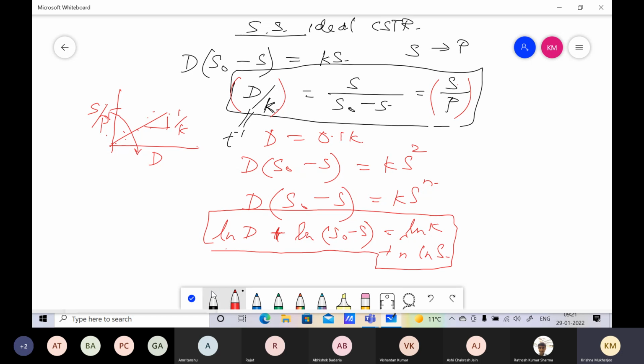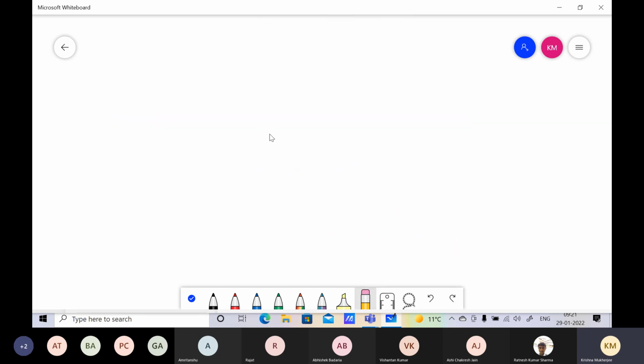Right. So the most common thing that we are interested in the ideal CSTR business is, of course, the asymptotic reaction that we were talking about just now. And so what is the asymptotic reaction? Can you all tell me? This is something which you all know, so tell me please. Vm into S divided by K plus S. Yeah, that's right.